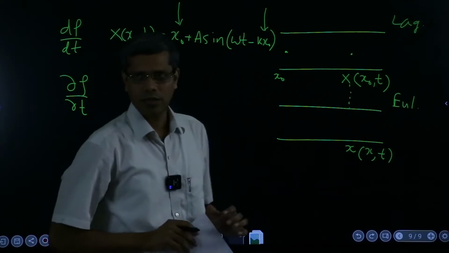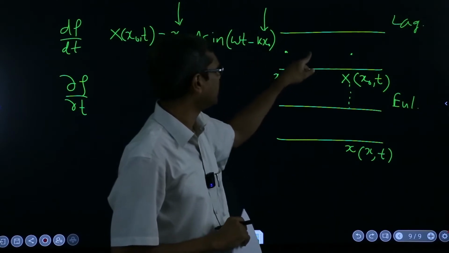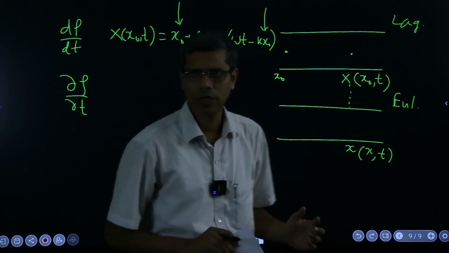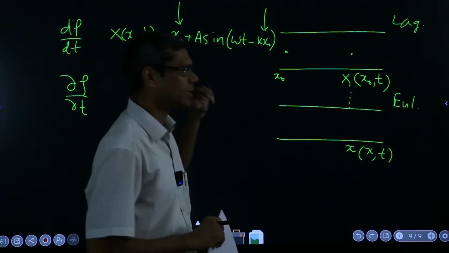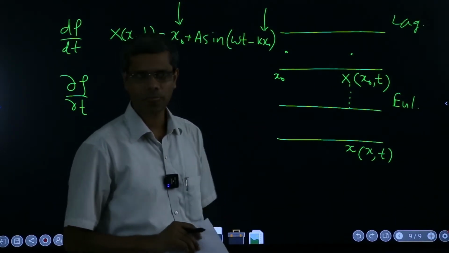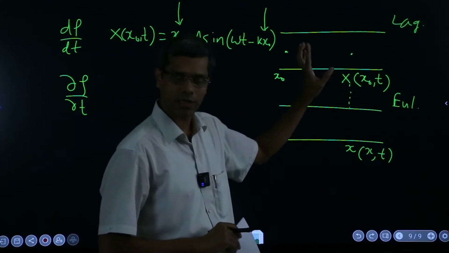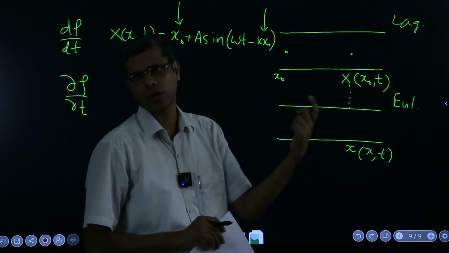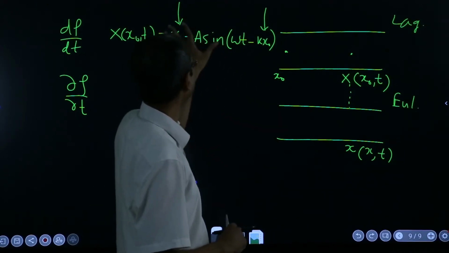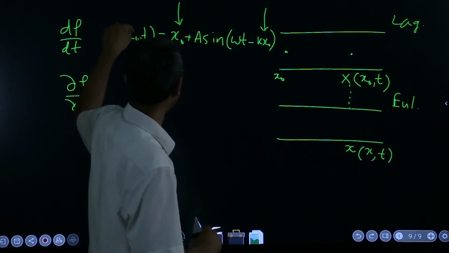You can imagine that every particle here is named with its position at t equal to 0. When I write x naught, I am talking about the particle whose name is x naught. So this equation tells what is the position of the particle whose name is x naught at any time t.